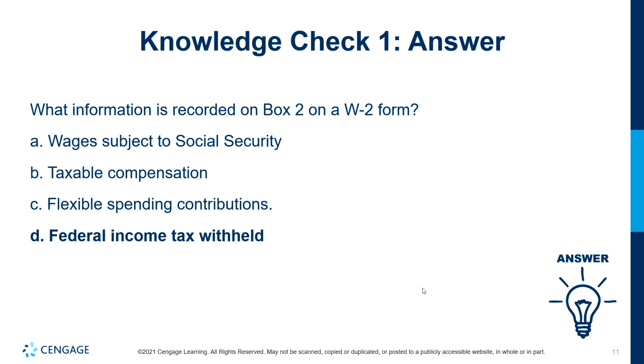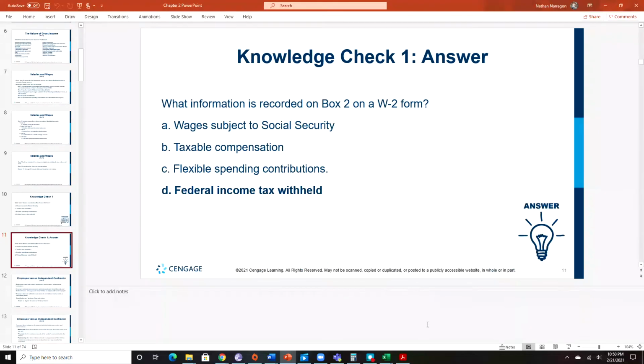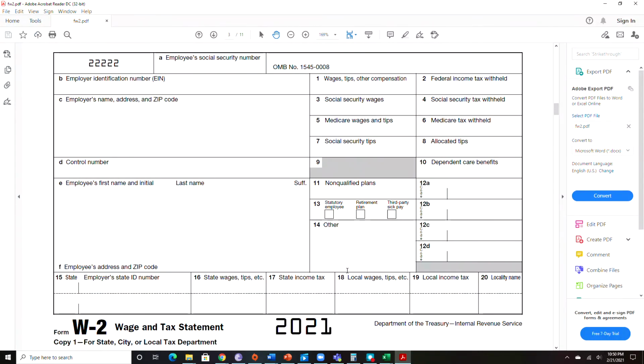Alright, so let's go look at what a W-2 form is. If I can show these forms to you, I will do my best. So, PDF, and then here's the W-2 form. Again, it gives quite a bit of information already with our wages, our federal income, Social Security, Medicare, our Social Security tips, allocated tips, there's a dependent care, here's our 12, and then here's our state income tax.